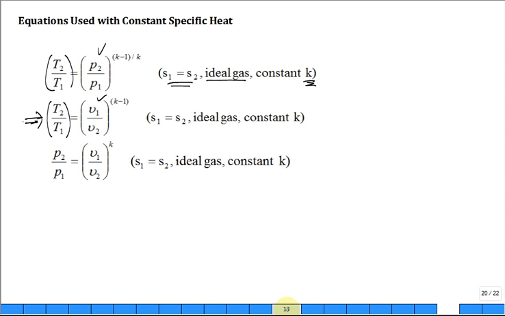All right. And then use this one for part B. So T2 is equal to T1 times the compression ratio to the K minus 1, and P2 is equal to P1 times the compression ratio to the K.